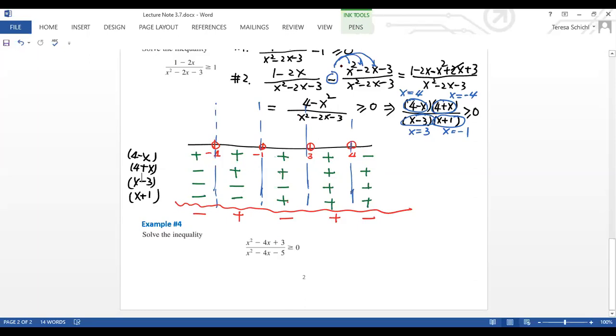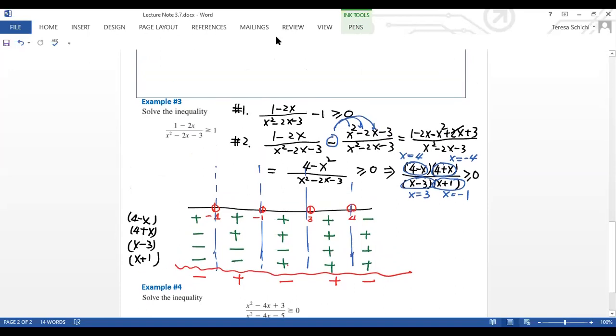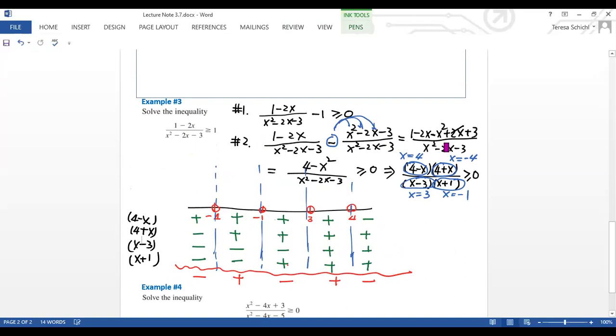So now let's go back to check what my original want is. What I want here is greater than 0. Okay, greater than 0. So this will be this interval and this interval, right? So this is greater than 0. And so here are my solutions.